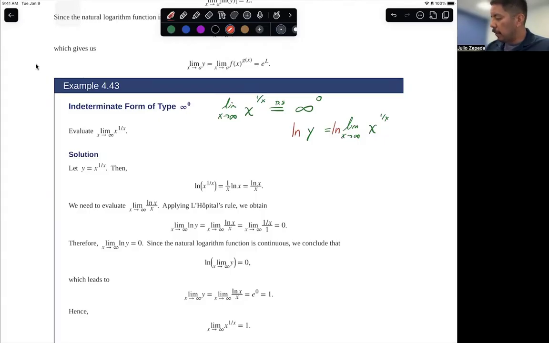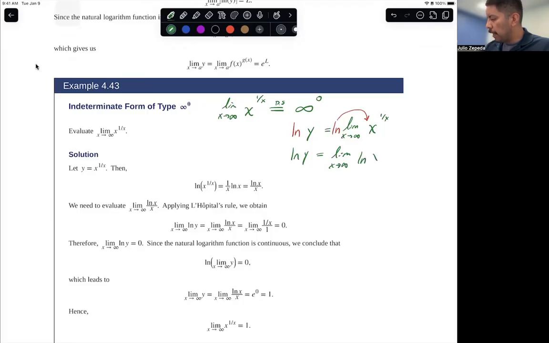And then we can apply the natural log to the function. I'm going to leave the natural log of y alone here, but just remember, we'll bring it back in a little while. We're pushing this continuous function past the limit.